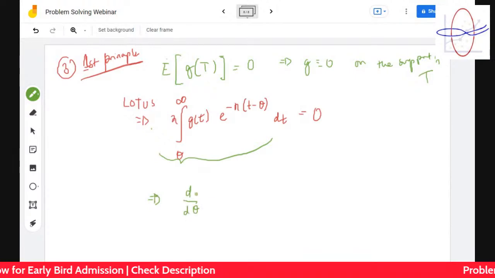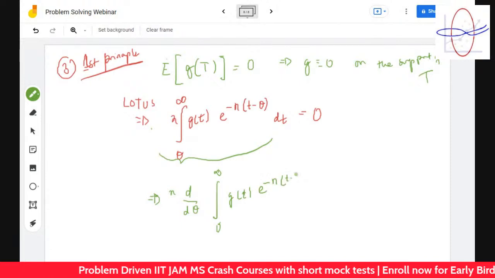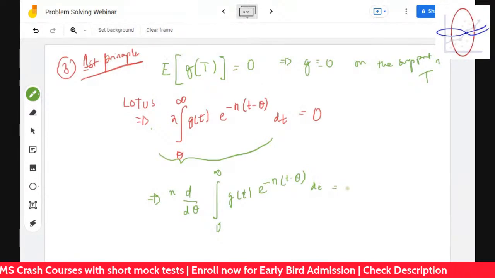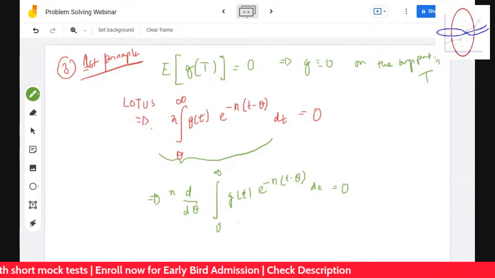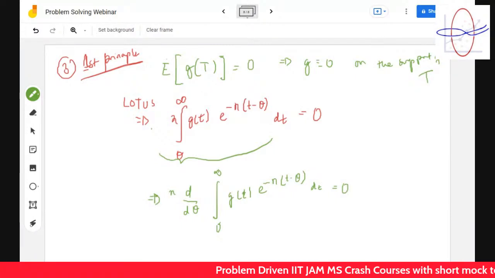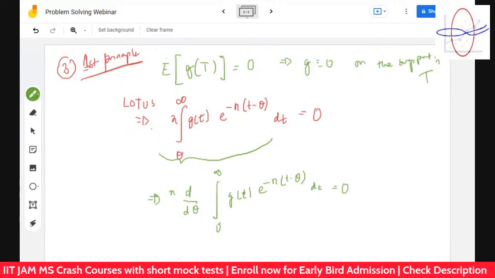So d by d theta of n times the integral from theta to infinity of g(t) e to the power minus n(t minus theta) dt is equal to 0. So why can we do the derivative? Because theta and t are not dependent. They can be interchanged.